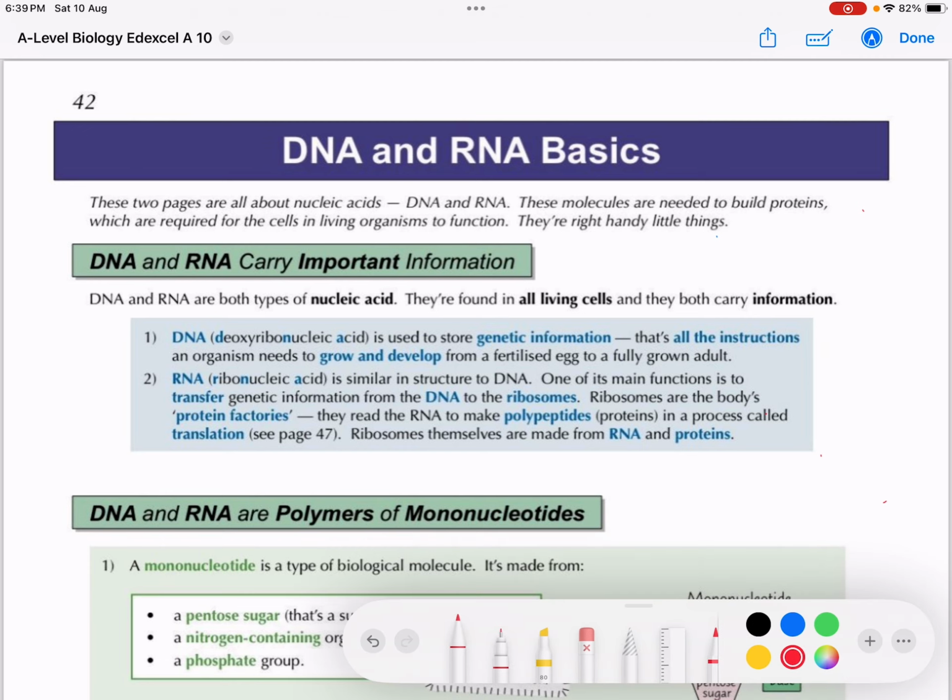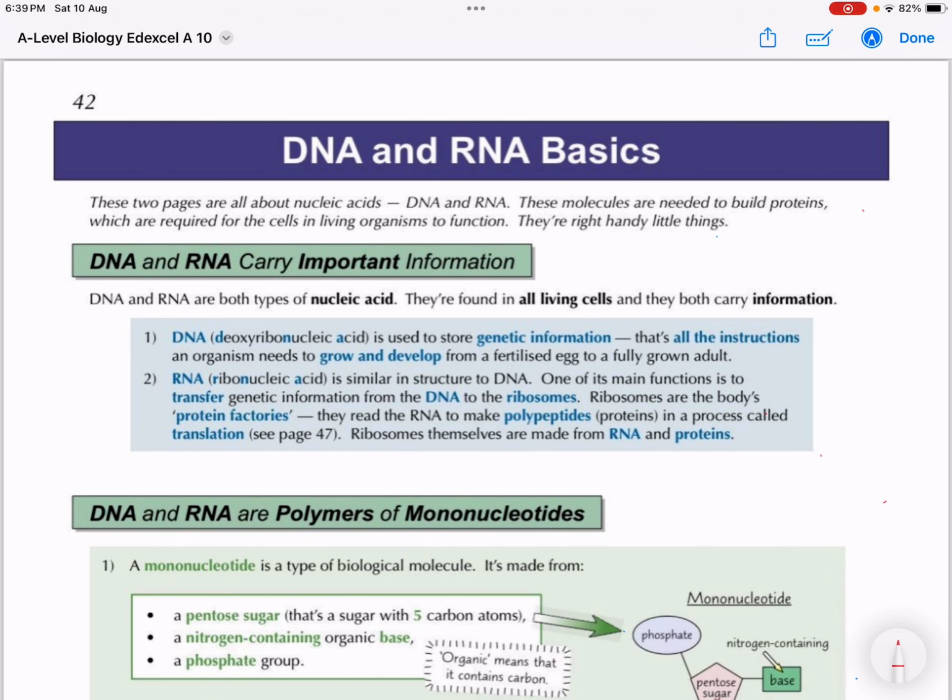So DNA, guys, is short for deoxyribonucleic acid. And the DNA stores all the genetic information. What do I mean, guys, by genetic information? It is the instructions that make you look the way you are. All right?